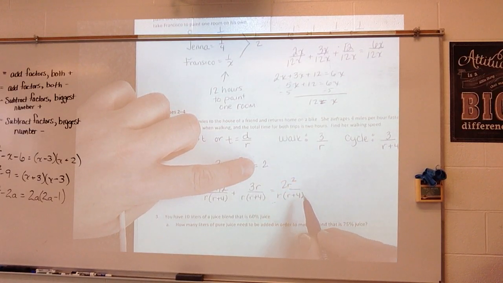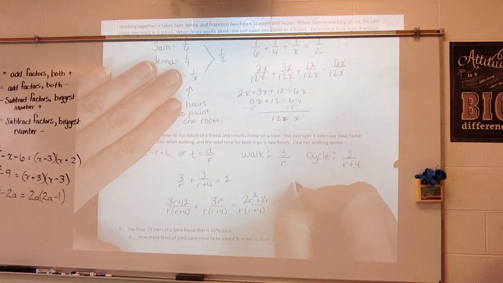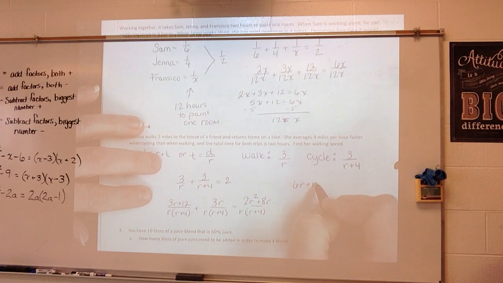And r times 4 is 4r, so that would be 8r. Okay? Alright, so now, set it up. So I have 6r plus 12 is equal to 2r squared plus 8r.